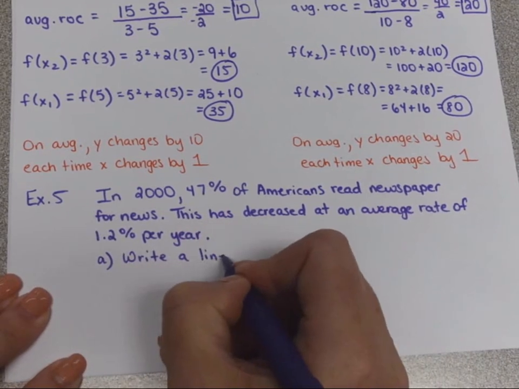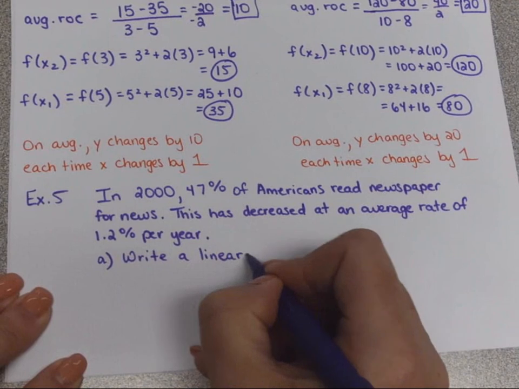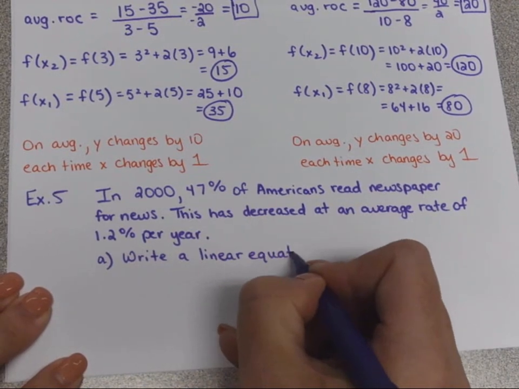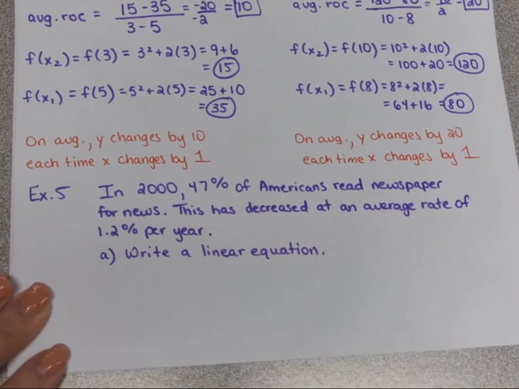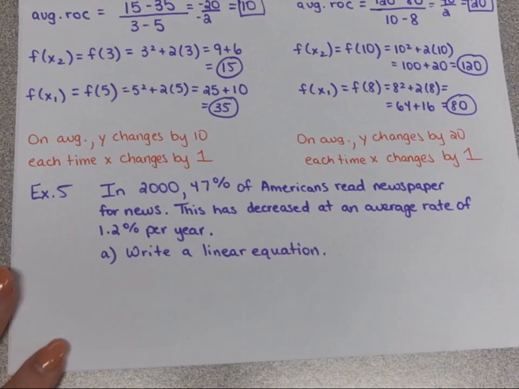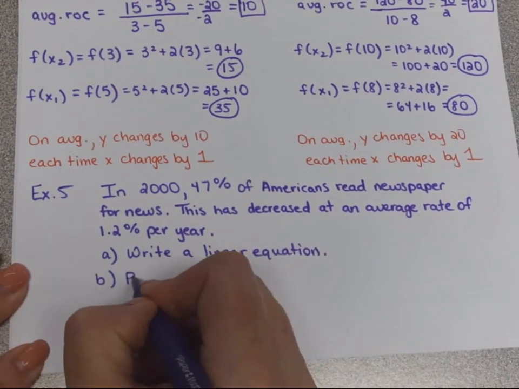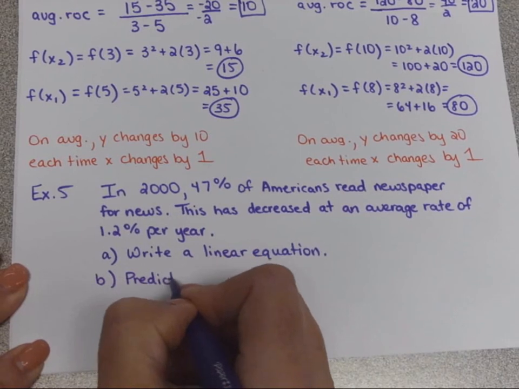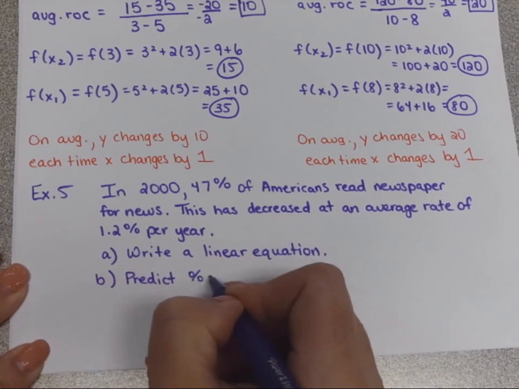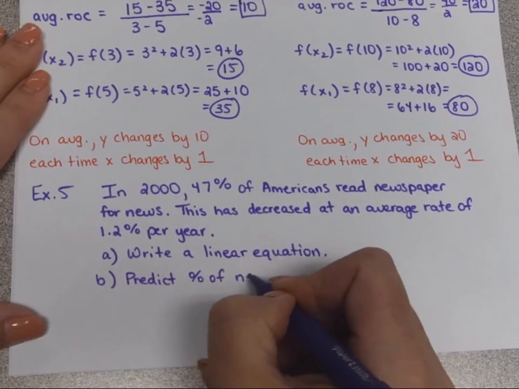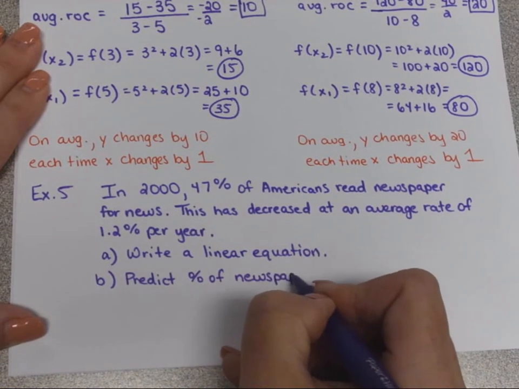All right, so part A is I want you to write a linear equation representing who still reads the newspaper. Part B is I want you to predict the percentage of newspaper readers in 2021.